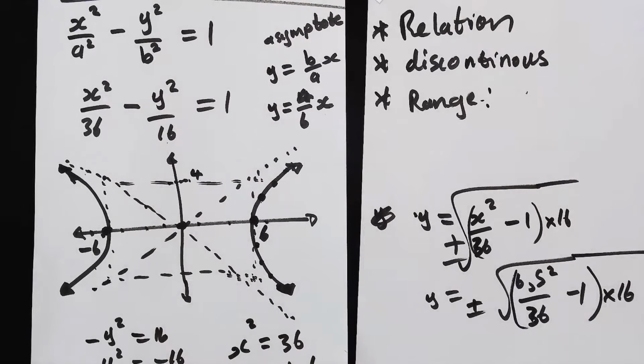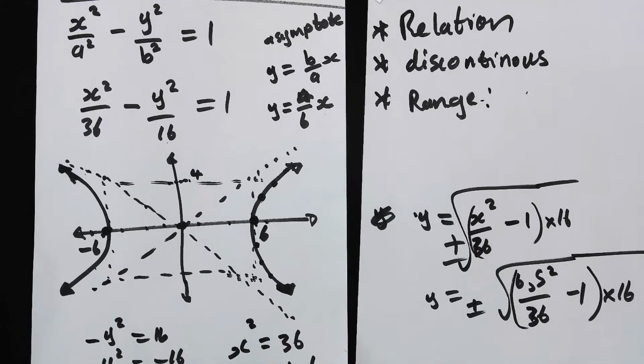So I want you to see we have y values after 6 for x. So if x is 6, y is 0. So in the calculator, when you say 6.5 to the power of 2 over 36 minus 1, all in brackets, multiplied by 16, you have 1.6 something, right?